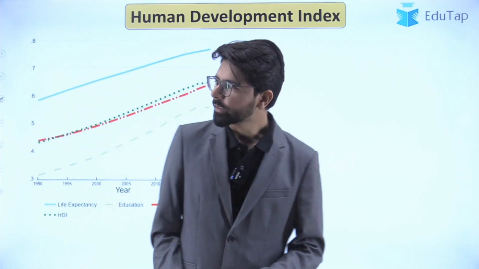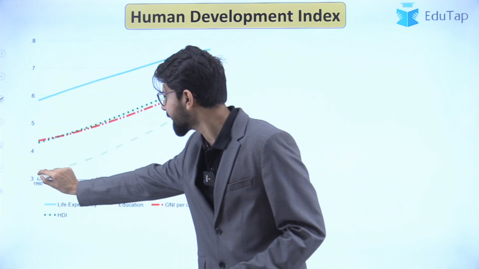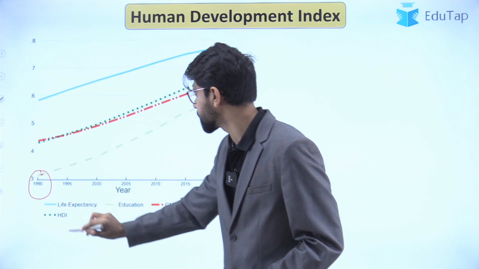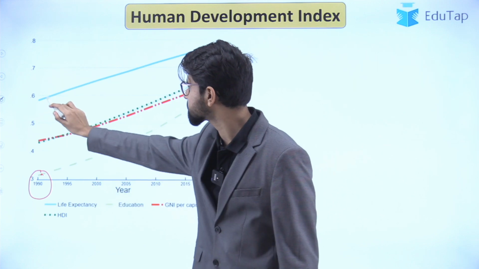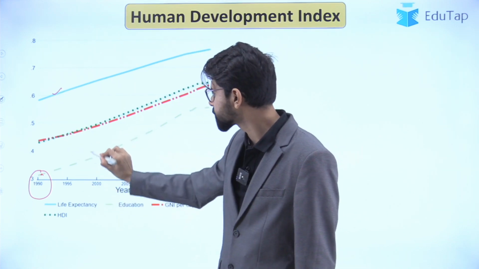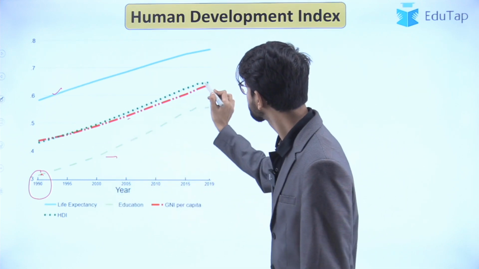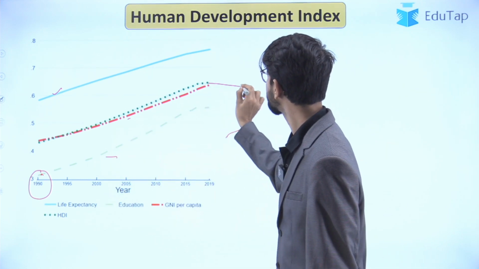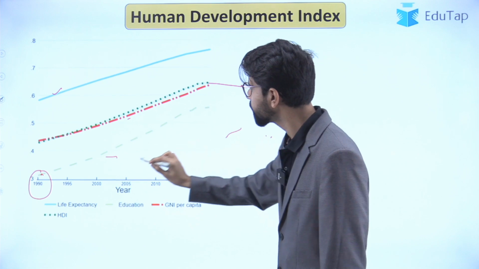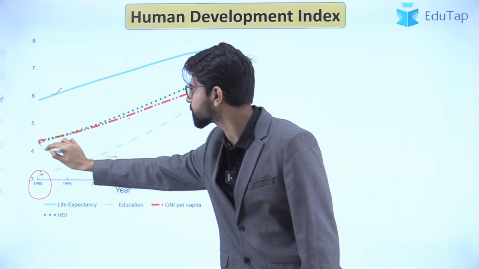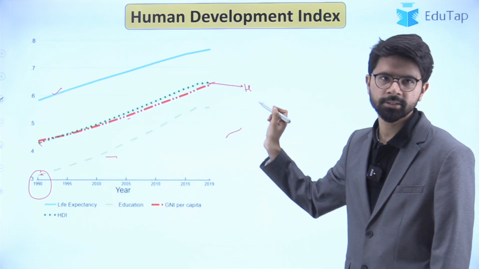Now if you look at the trend here, in 1990 this was the value for the different indicators: life expectancy at birth, education, and GNI per capita income, and this is HDI. This is the HDI value, and overall you can see that which was 0.4 somewhere here has improved to 0.659.